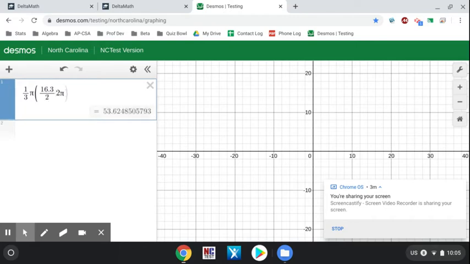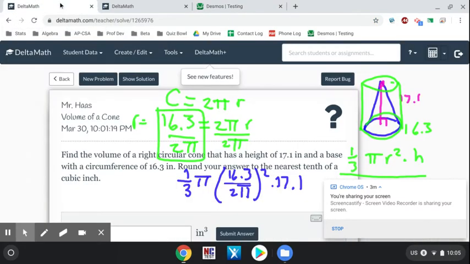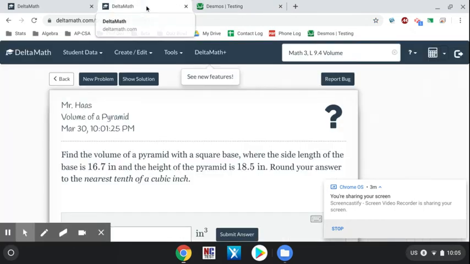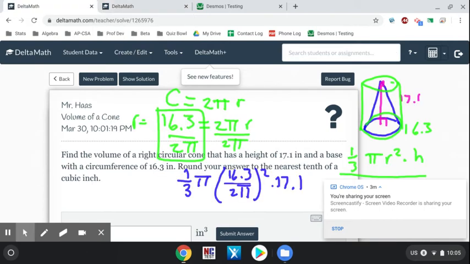I have to do a little cleanup there. And times my height, and my height I believe was 17.1. We'll double check that just to make sure I remember my numbers, and I did. So that should be your answer for the volume of this thing, 46.45. The 5 will round it up, so you'll have about a 46.5 for your answer there for your volume.